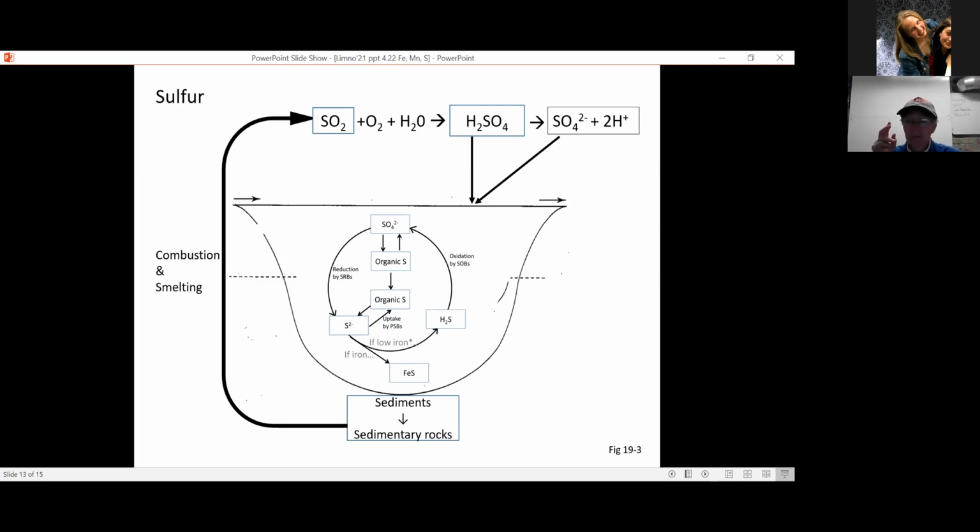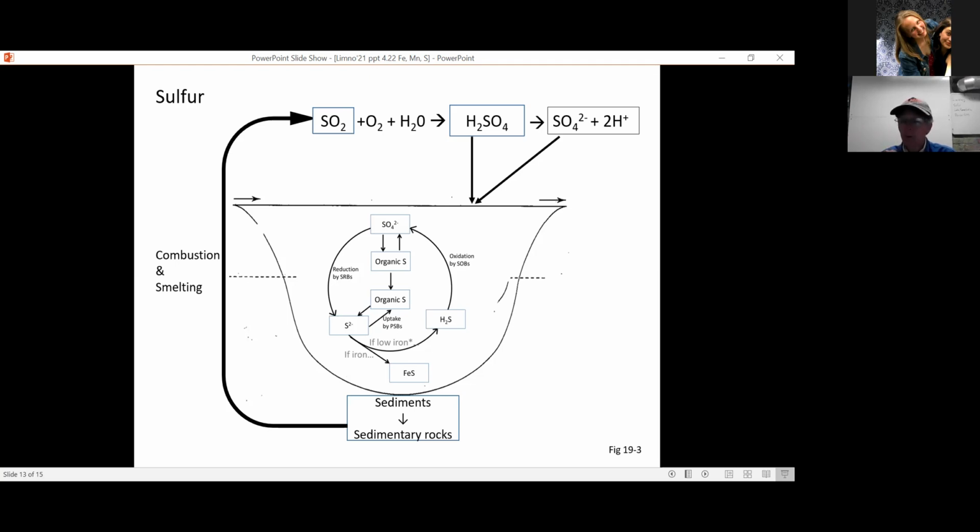You're going to have sulfur bonded to metals, iron sulfide, but also manganese sulfide, copper sulfide, any other metal that's around. And you're going to have organic matter with sulfur in it. Give it a couple of million years and you've got sedimentary rock and fossil fuel.